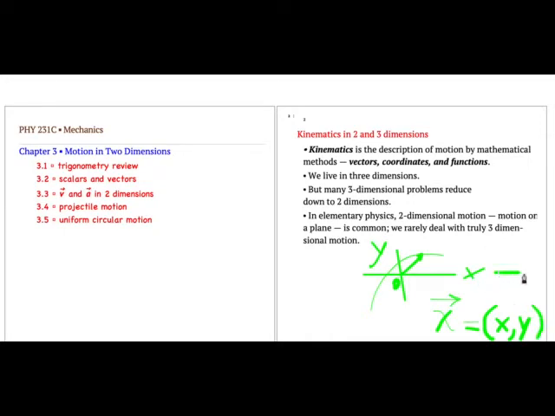We also have unit vectors, so we'll call i the unit vector in the x direction, and j will be the unit vector in the y direction. So another way to represent the vector would be to say it's x i hat plus y j hat.